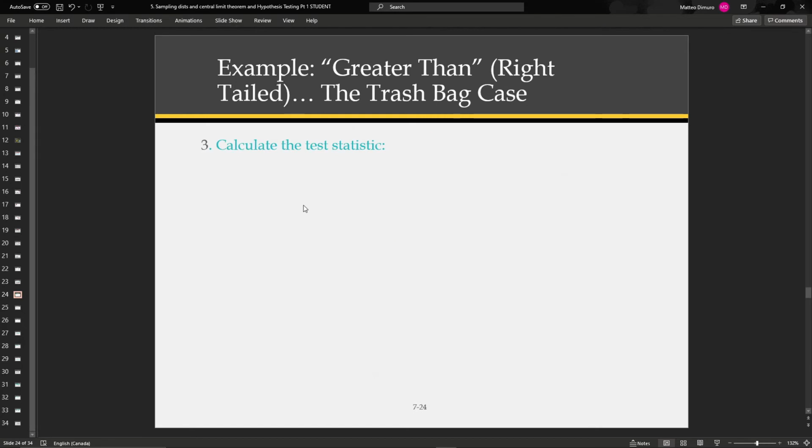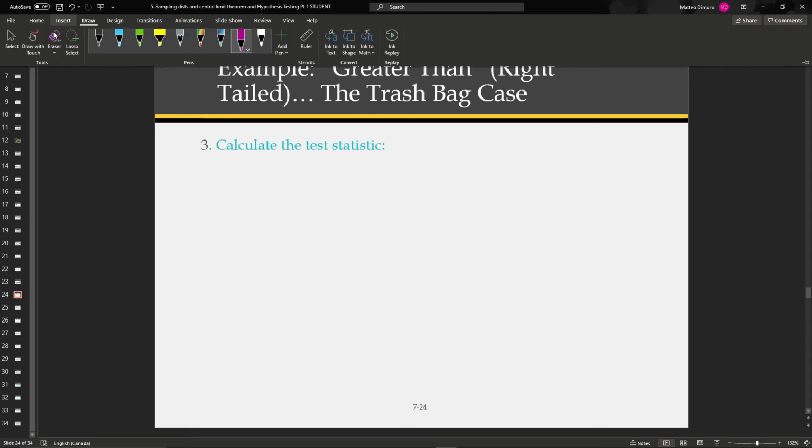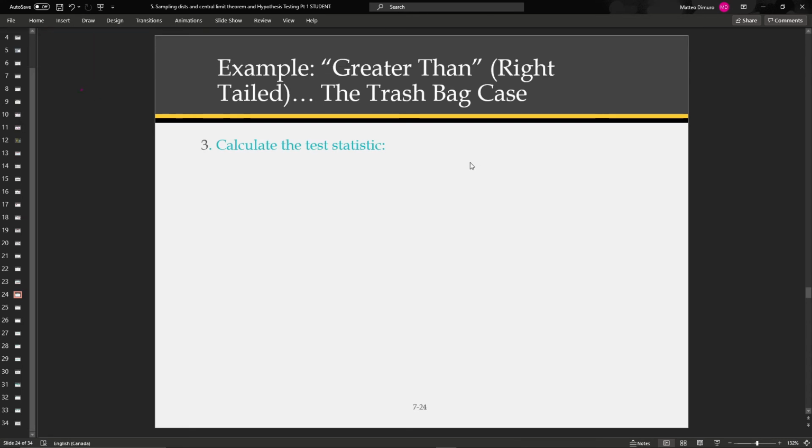All right, step 3. Step 3 is calculate the actual Z statistic. So we're going to use the central limit theorem formula. Okay, so Z equals x bar minus the mean, divided by the standard deviation divided by the square root of n. Now we can plug in the numbers for this.